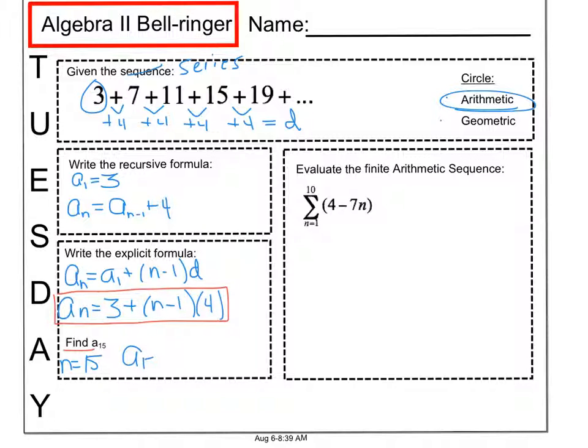So a_15 is 3 plus 15 substituted in for n minus 1 times our common difference. And when we plug that all into our calculator, we end up getting that a_15 is 59. So that's our 15th number in that particular pattern.